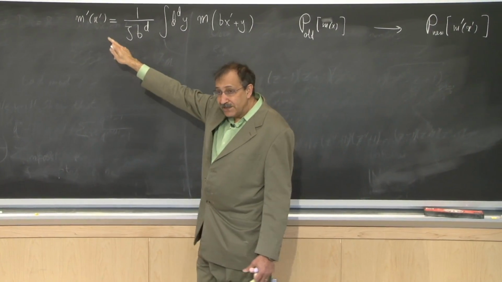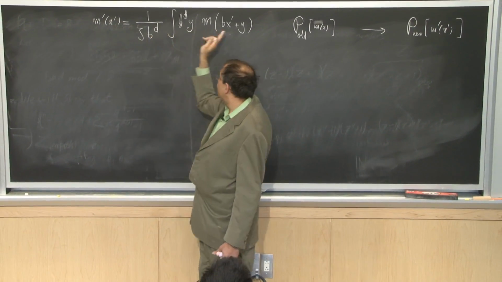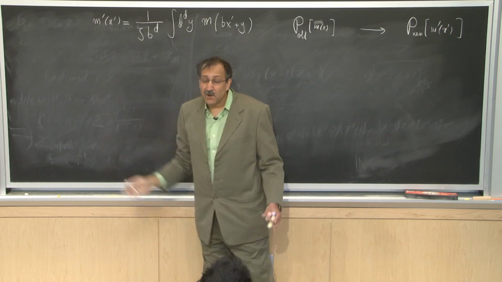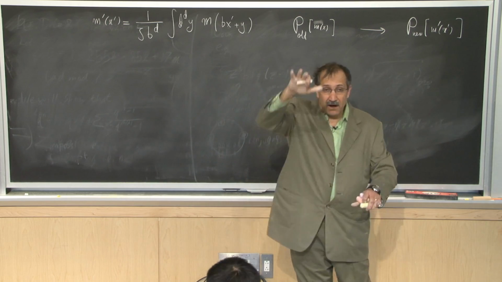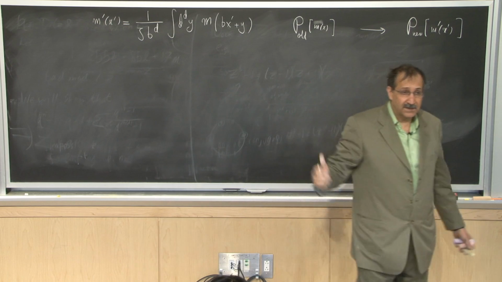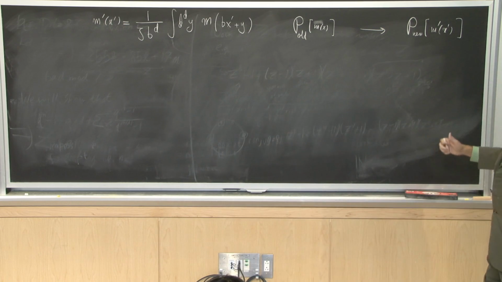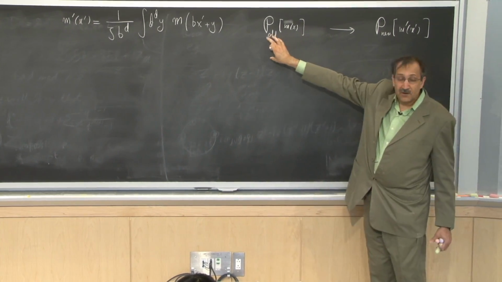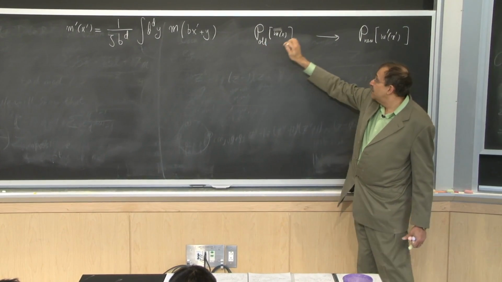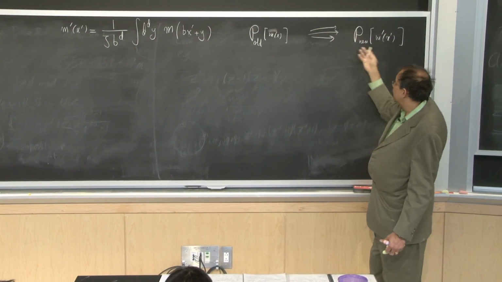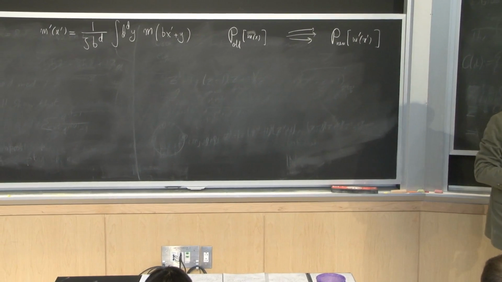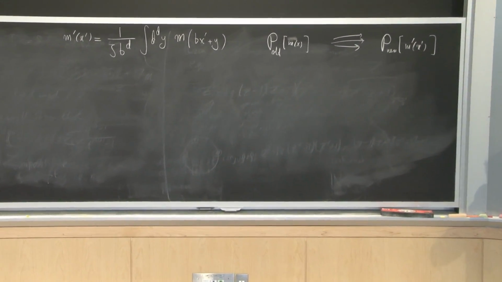There are many configurations over here that would correspond to the same average, like up, down, or down, up would give you the same average, right? So a number of possibilities here have to be summed up to generate for you this object. Okay?